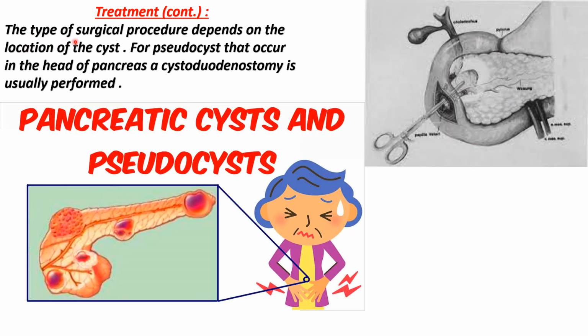The type of surgical procedure depends on the location of the cyst. For pseudocysts that occur in the head of the pancreas, a cystoduodenostomy is usually performed.